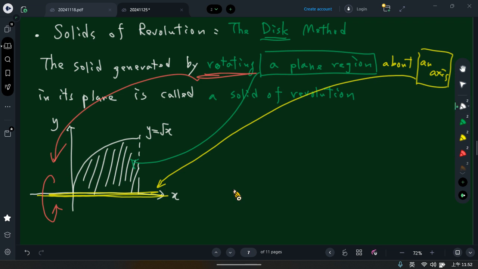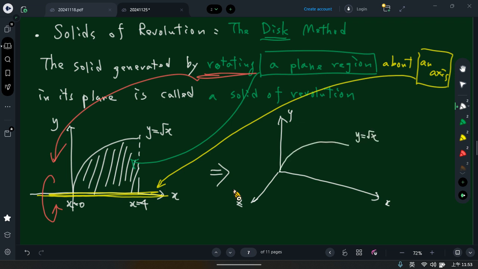Then you can imagine the result will be X, Y, and Z. If here is 0 and here S is equal to 4, the result will be like this. From S equal to 0 to S equal to 4, the result will be something like that.